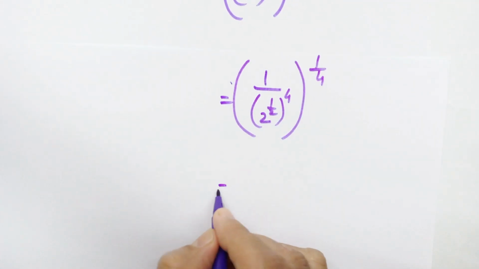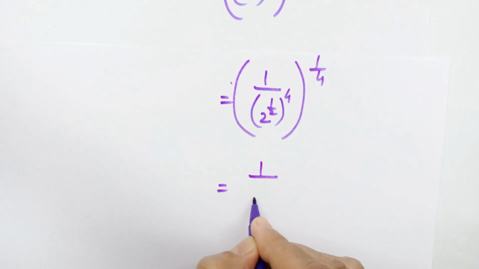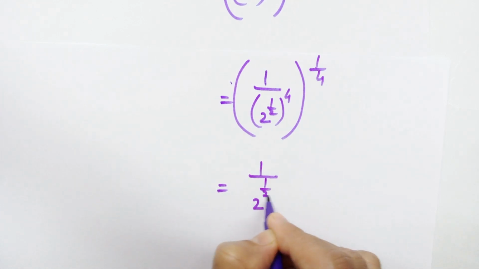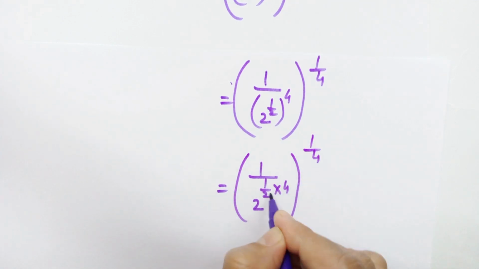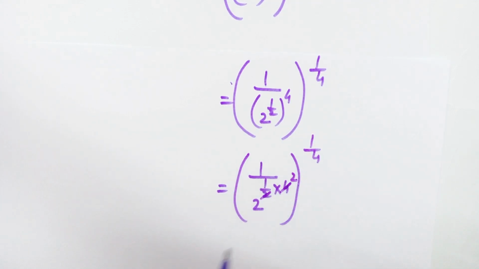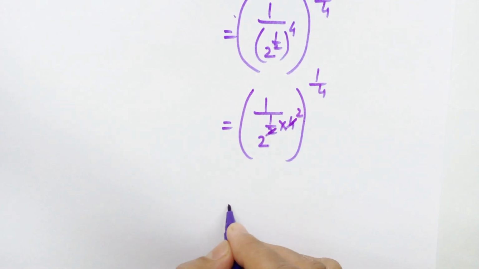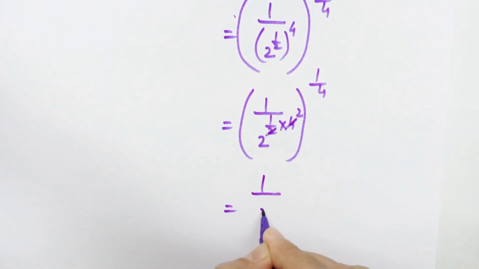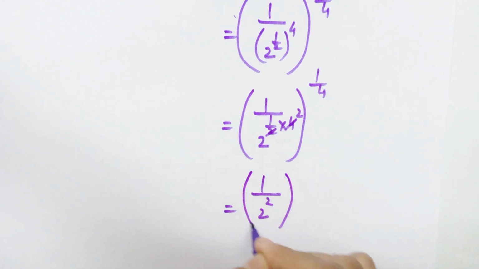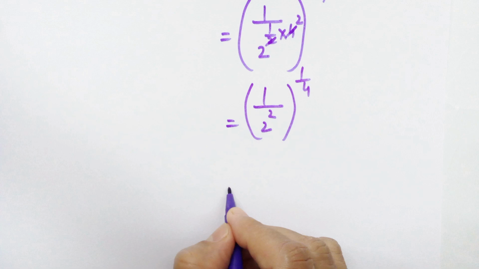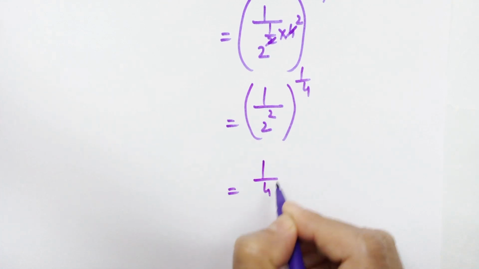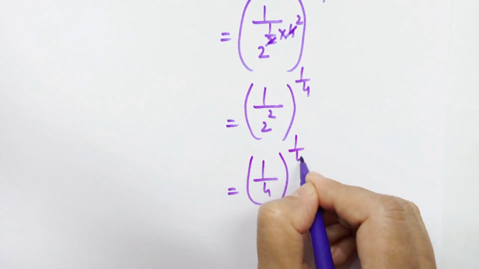Now 1 upon 2 raised to 1 upon 2 into 4 whole raised to 1 upon 4. Now 2 2s are 4, so we can write 1 upon 2 square whole raised to 1 upon 4. Now we have 1 upon 4 whole raised to 1 upon 4.